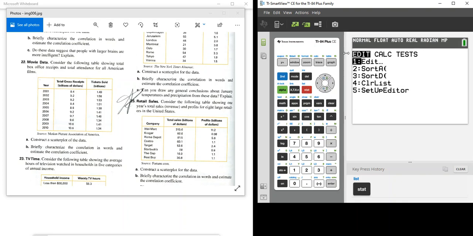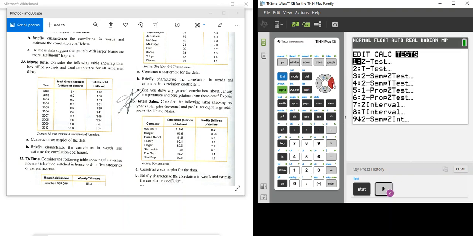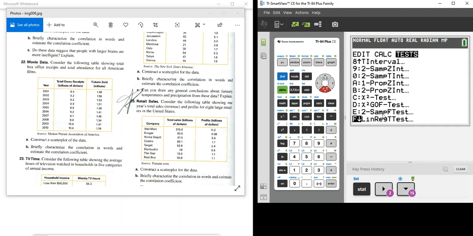When I hit stat, it starts in edit, and we're going to go over to tests, and then go almost all the way to the bottom under tests: linear regression t-test. So we're going to do a regression, right?